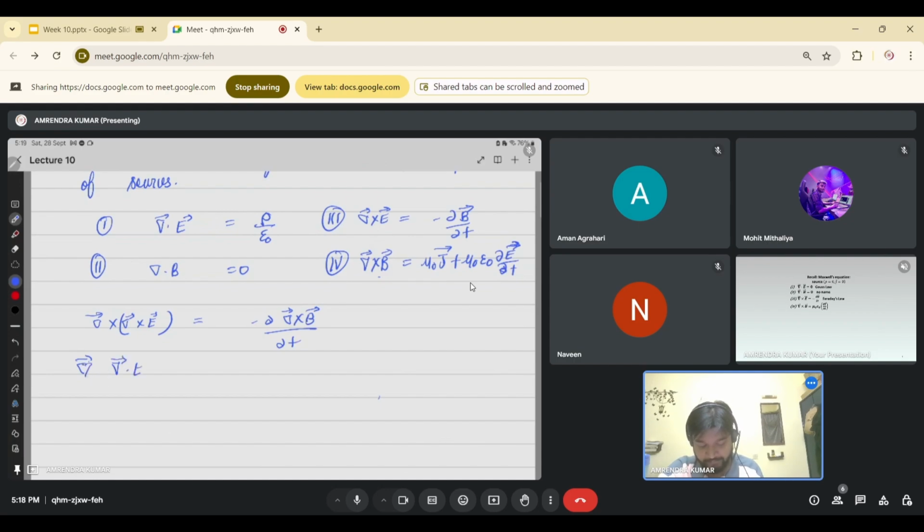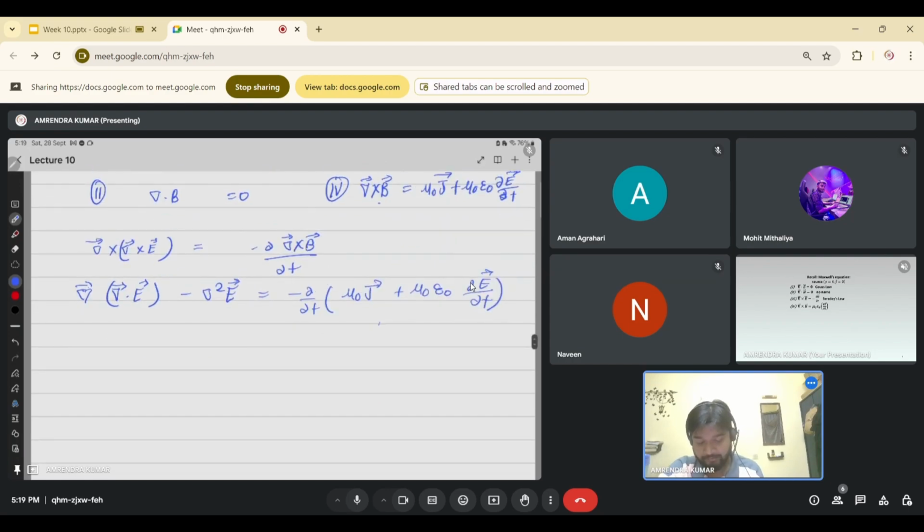Now you already know that this is going to be del (del dot E) minus del square E, and you have already this, so it's minus del over del t of mu 0 J plus mu 0 epsilon 0 del E vector over del t.